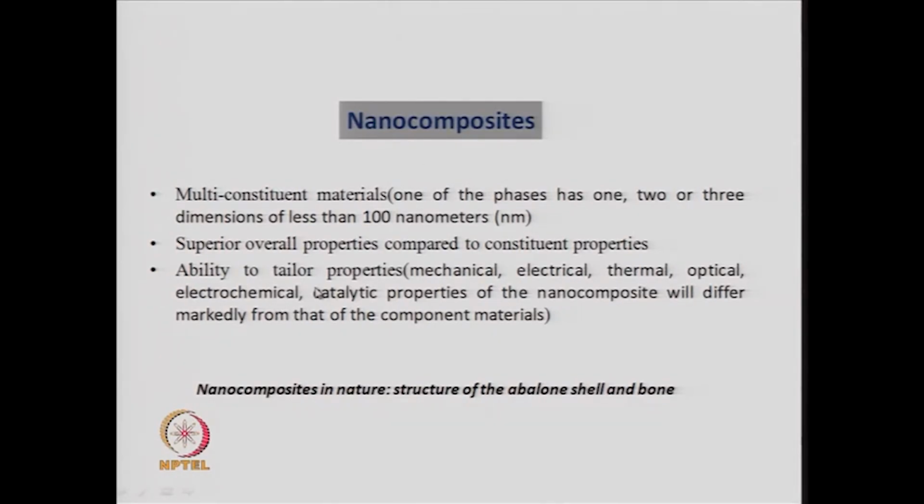The ability to tailor properties, whether mechanical, electrical, thermal, optical, electrochemical or catalytic, of the nanocomposite will differ markedly from the component materials. You will have the ability to tailor properties, because adding A to B is in your hand.